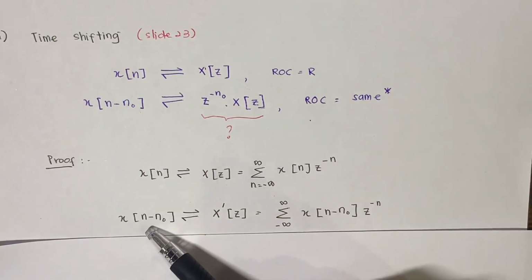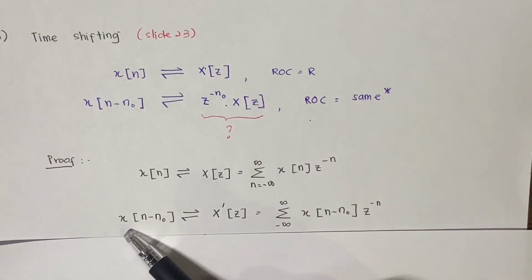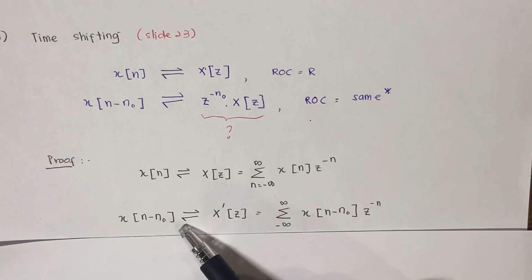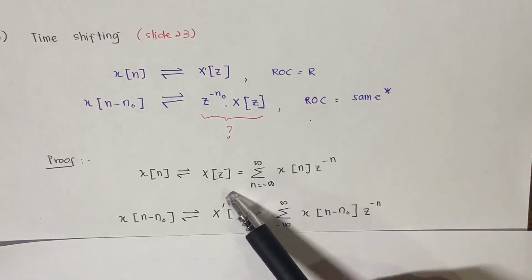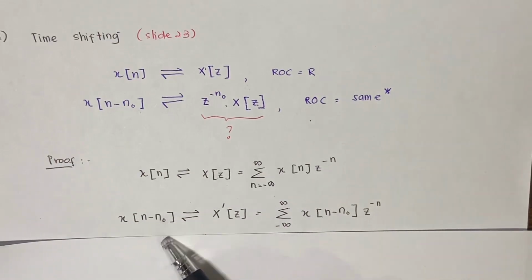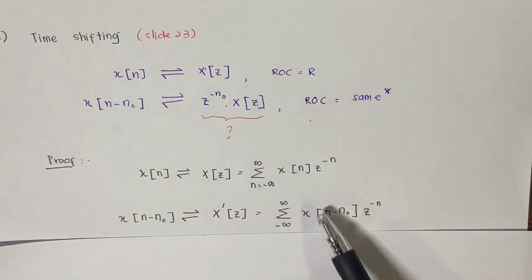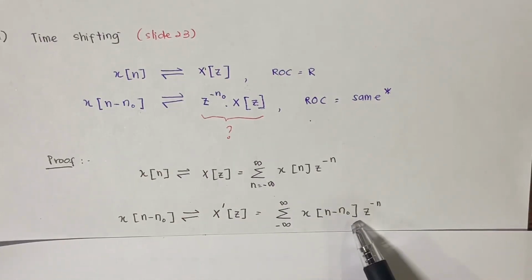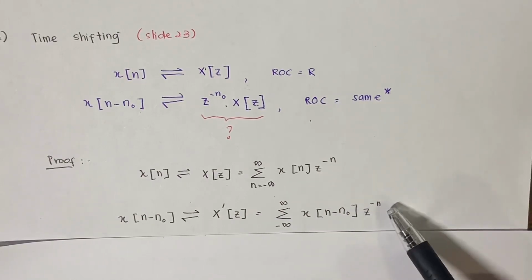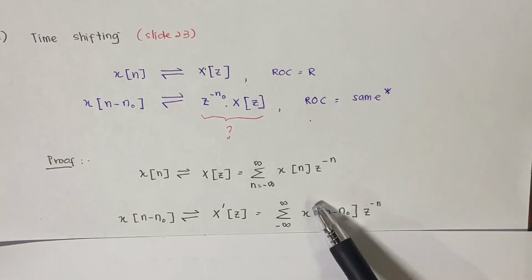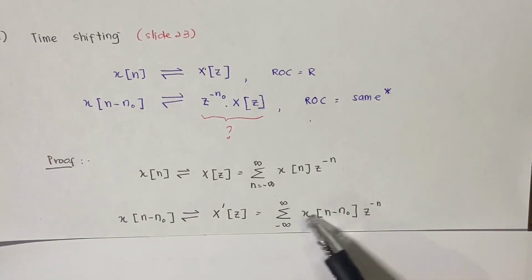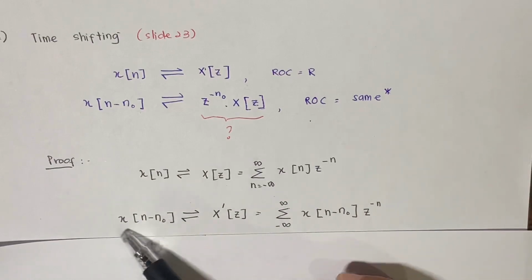Now we want to do the time shifting property. So the original signal is changed to x[n minus n naught]. We assume that this is the Z transform for x[n minus n naught], and then replace x[n] with x[n minus n naught]. We cannot change the n here to n minus n naught, because we only change the function and the signal which comes from the original signal.